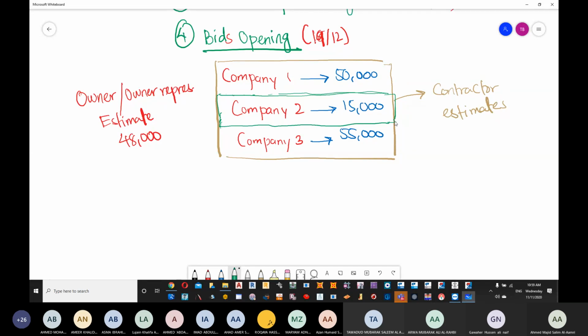Now, what will happen if you have taken the 15,000? If the owner estimate was 48, but I have taken the offer of 15,000, what will happen?